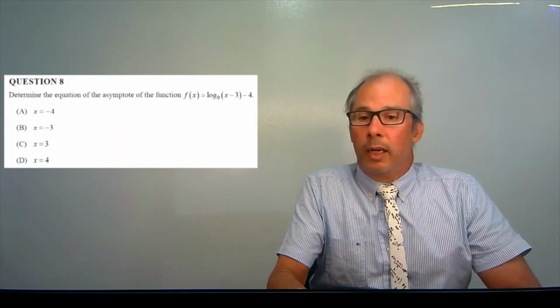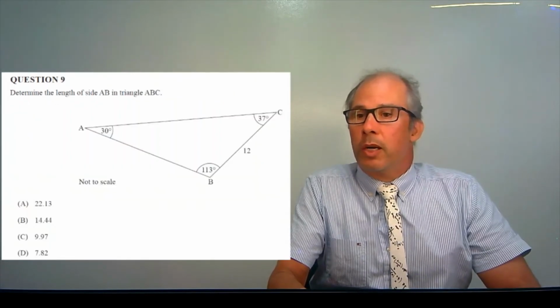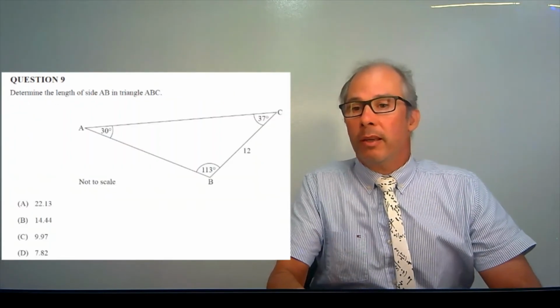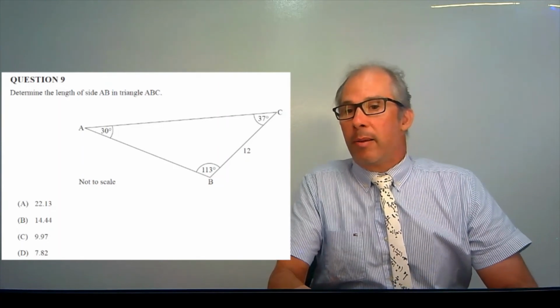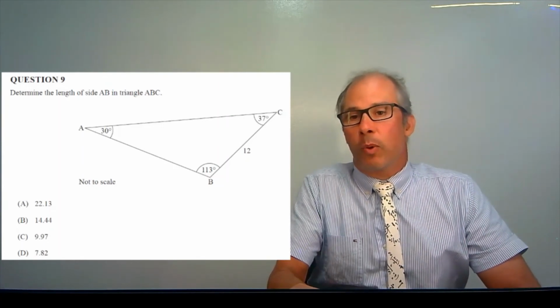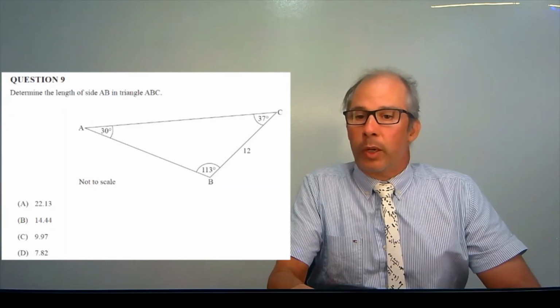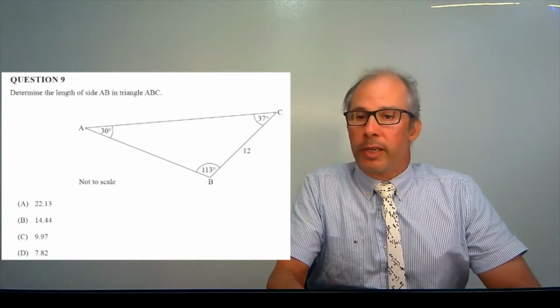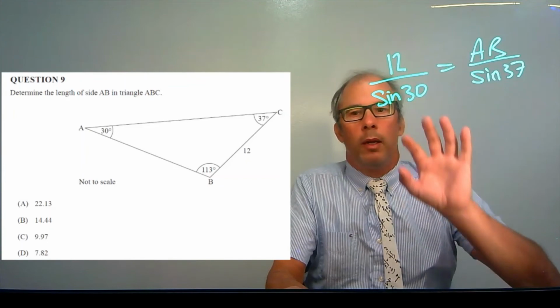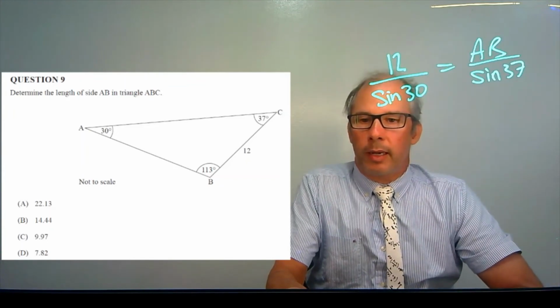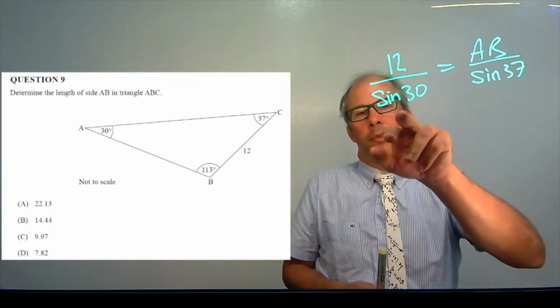Question 9, determine the length of the side AB in the triangle ABC. Again, this one here, we're going to use our knowledge of the sine rule. If we set up our equation like this, we've got 12 over sine 30 equals AB over sine 37.